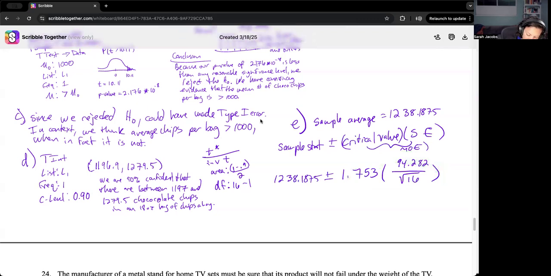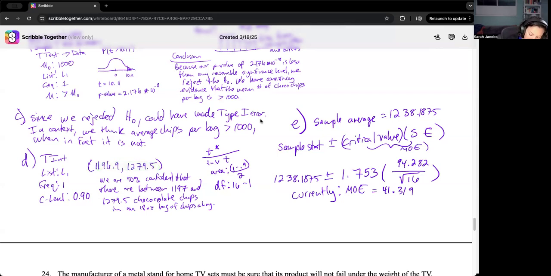Let's figure out what it is to begin with. We've got 1.753 times 94.282 divided by root 16, which is just 4. So right now, the margin of error is equal to 41.319. We could have also gotten this by finding the difference here and dividing by 2, but whatever. So that's currently our margin of error.